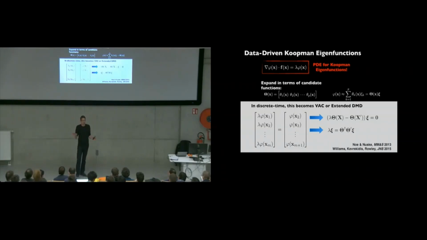Any conserved quantity is a Koopman eigenfunction with eigenvalue 0, because d/dt of energy equals 0 times energy. Okay, and so that's actually a very useful Koopman coordinate system where all of the conserved quantities of your system are eigenfunctions with 0 lambda. They're in the null space of this operator. So that's very, very useful. And Eurika Kaiser has written a beautiful paper showing that you can use that for control.